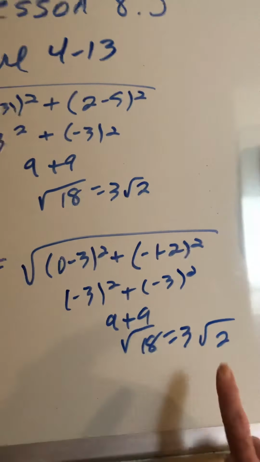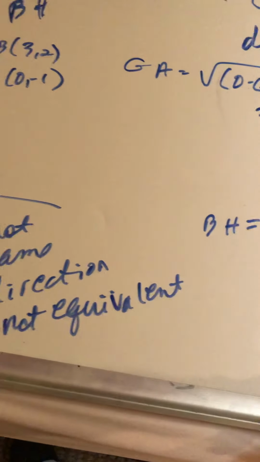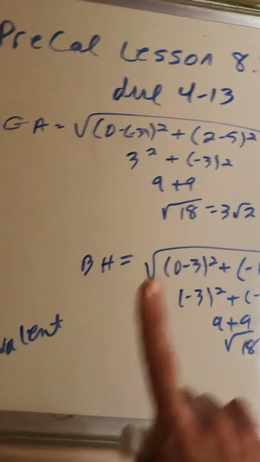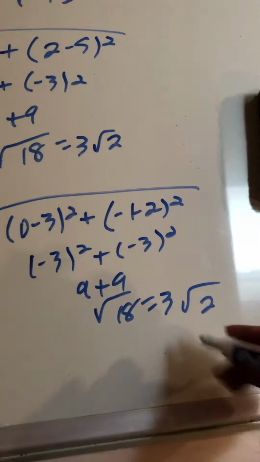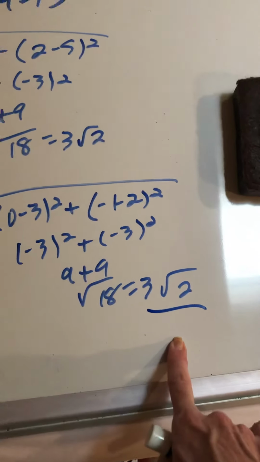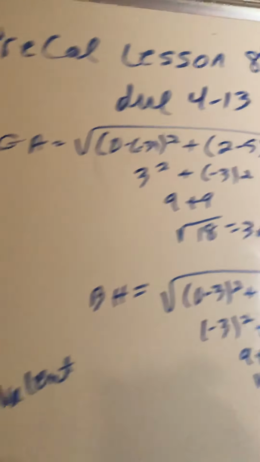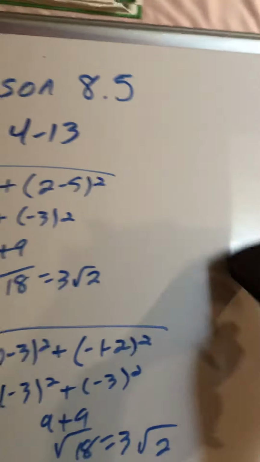So they have the same magnitude but do not have the same direction. So they're still not equivalent. So you're going to have to choose the one that says, no, they're not equivalent. They have the same magnitude, 3 square roots of 2. And you're going to have to put that in the blank. They have 3 square roots of 2, but they're not the same direction. So just choose carefully. Read carefully and choose carefully.